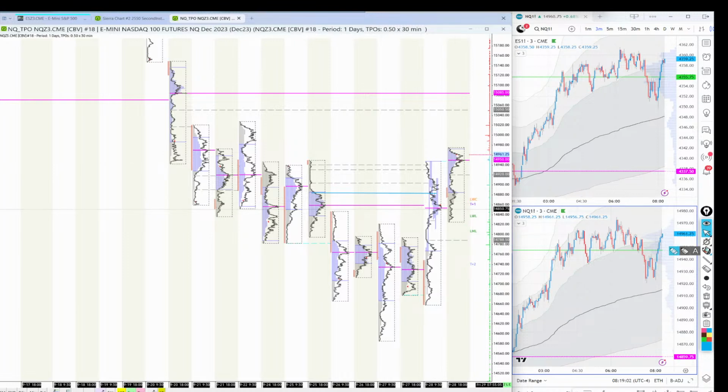I'll just do this with a mouse rather than getting my pen out. But you'd see the value there, and this value there, and this value there, and then you relate them to what happened next, and then you've got this value here, and you relate it to what happens next.